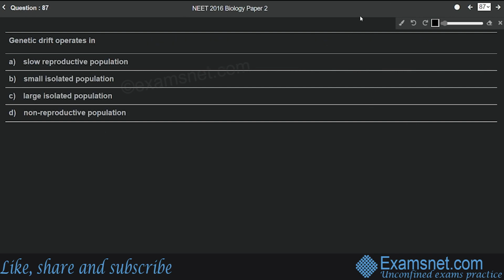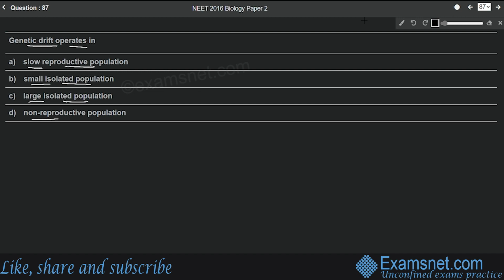Question number 87 is from the chapter Evolution, and the question is, genetic drift operates in option A, slow reproductive population, option B, small isolated population, option C, large isolated population, and option D, non-reproductive population. Okay, so what is the definition of genetic drift?